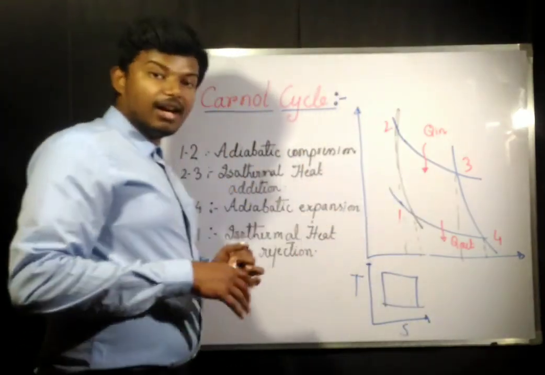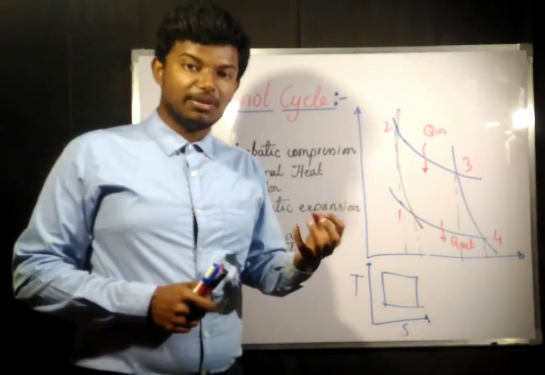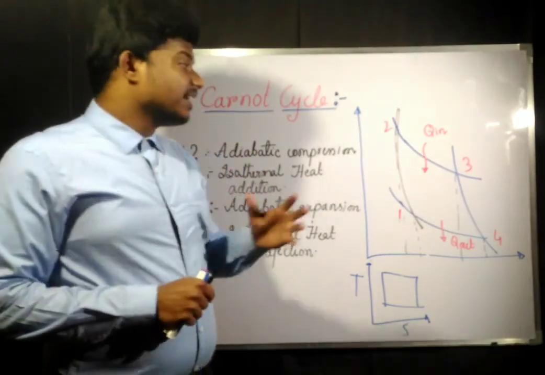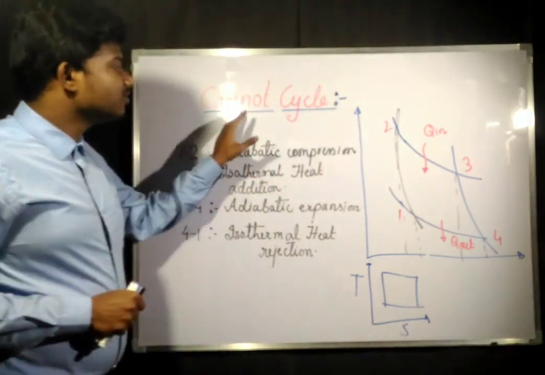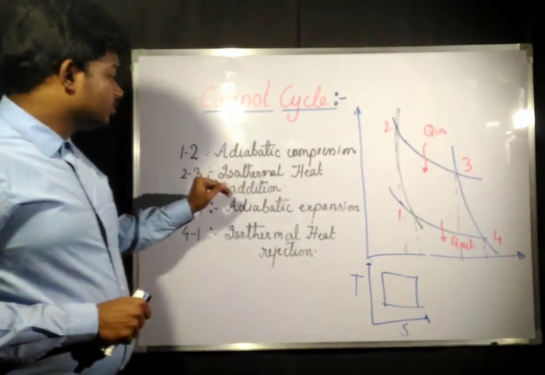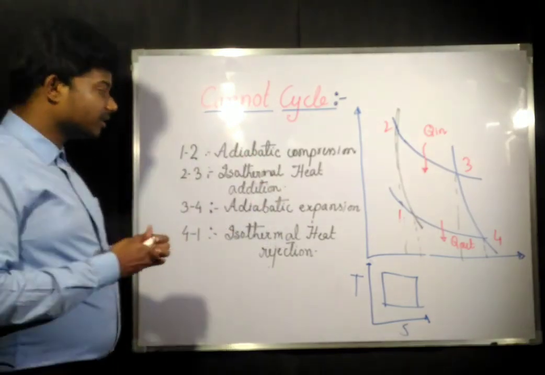So this is parallel to the S axis. And after two or three videos, in the entropy chapter or in this chapter itself, you will find that for reversible adiabatic processes, Carnot cycle is completely reversible. All the processes are reversible. Now there are two adiabatic processes.